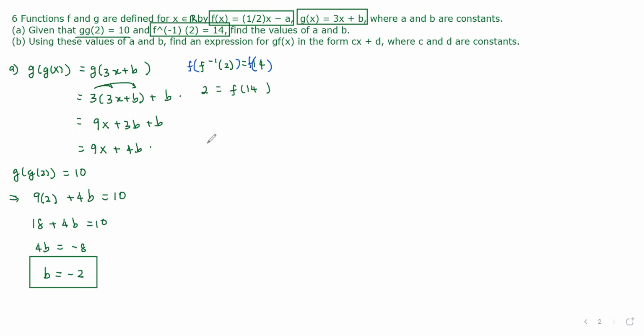So f of 14 is one half times (14 minus a). Then 2 is 7 minus a, and a is 7 minus 2, which is 5.